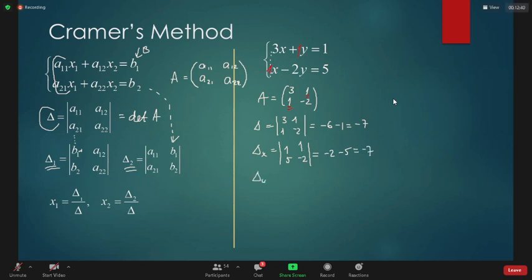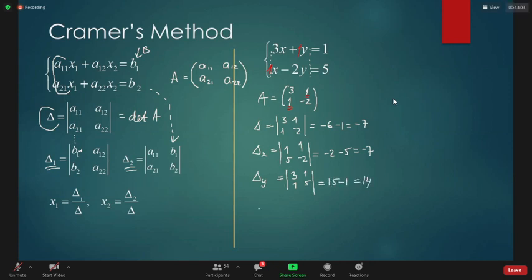And then the third determinant for y, we take the first column from the original matrix as it is, but now we substitute the second column of coefficients by numbers from the right-hand side, 1, 5. And we have 15 minus 1, that's 14.